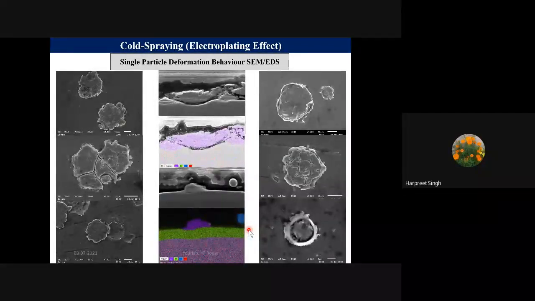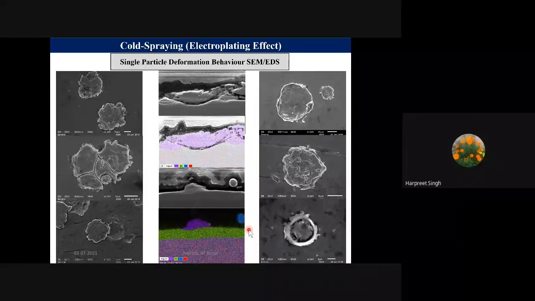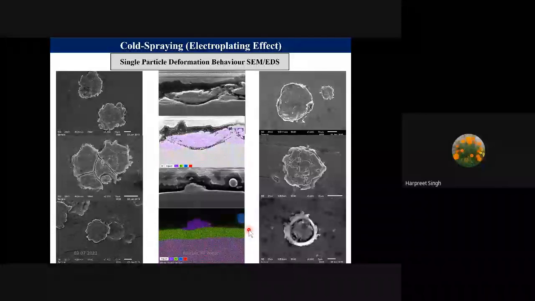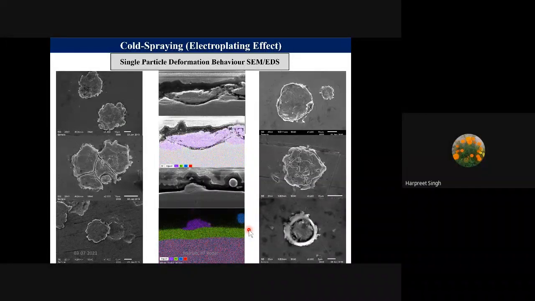Now this is our single particle deformation behavior in this case. Now, let me again tell you that in the second case where we have this copper interlayer, adhesion was very poor. Okay, it even broke, or it can be detached with the hand itself. So that is where we started again wondering, and this single particle behavior gave us again nice insights.